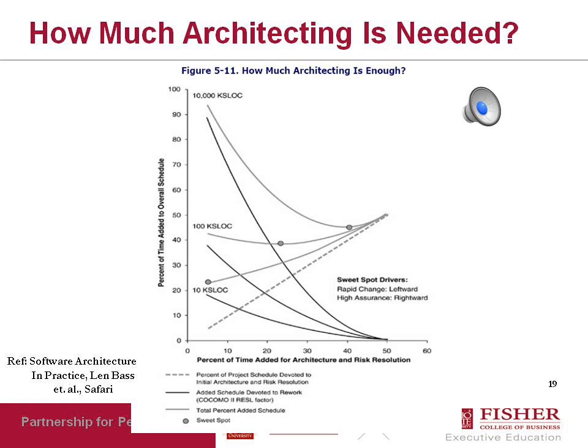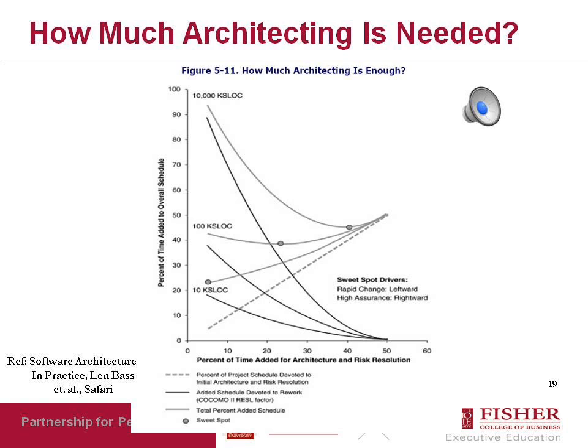Now, the second set of lines are the dark lines, which show time added due to rework. So whether you have a large system, a small system, or a medium-sized system, if you do enough architecture, the time added because of rework, basically fixing things that you didn't fix the first time around, always drops to zero.